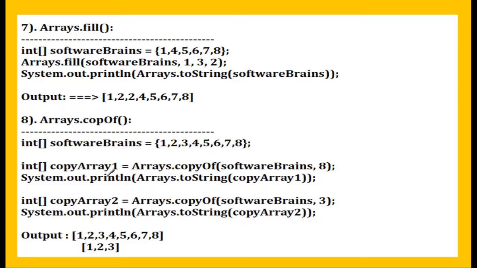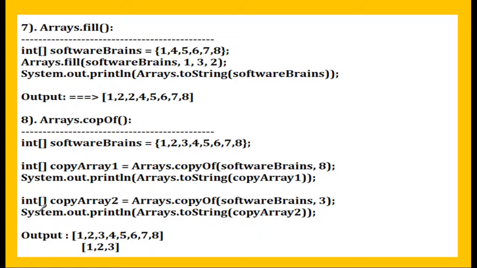So for copy array 1, I am taking Arrays.copyOf the existing array softwareBrains comma 8. 8 is the size of the copy array that you are going to create. So 8 elements would be added to my new array: 1, 2, 3, 4, 5, 6, 7, 8. So my copy array 1 would be the exact same copy of softwareBrains.